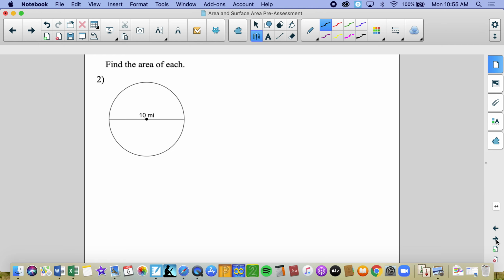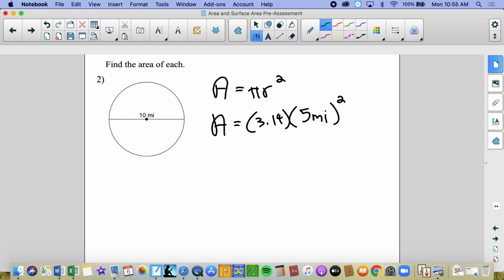What's the area for the circle? Now notice this circle gives us a different piece of information. It gives us the diameter this time. We're still going to use the same formula, area equals pi r squared. We're still going to plug in 3.14 for pi, but this time our radius is half of the diameter. So that makes our radius 5 miles, and we're going to square that.